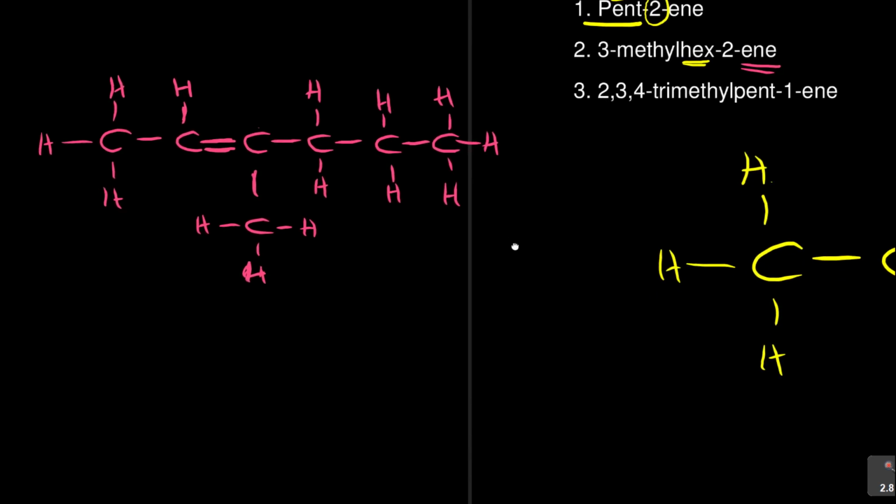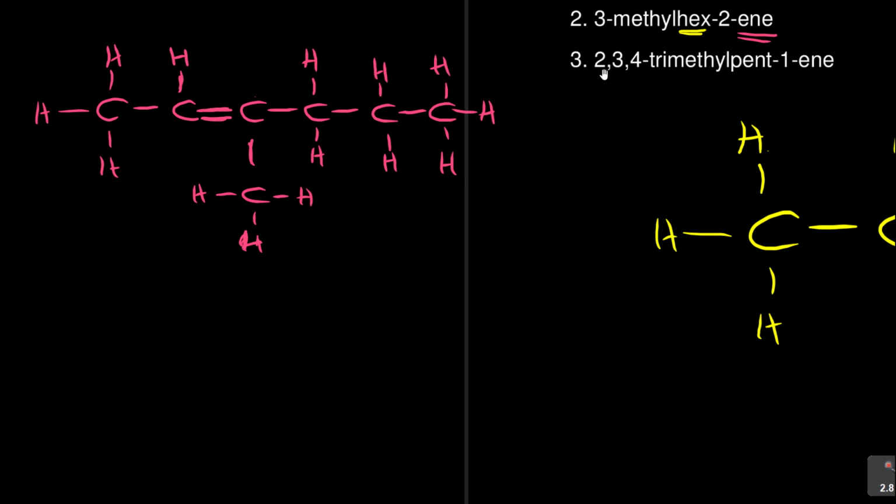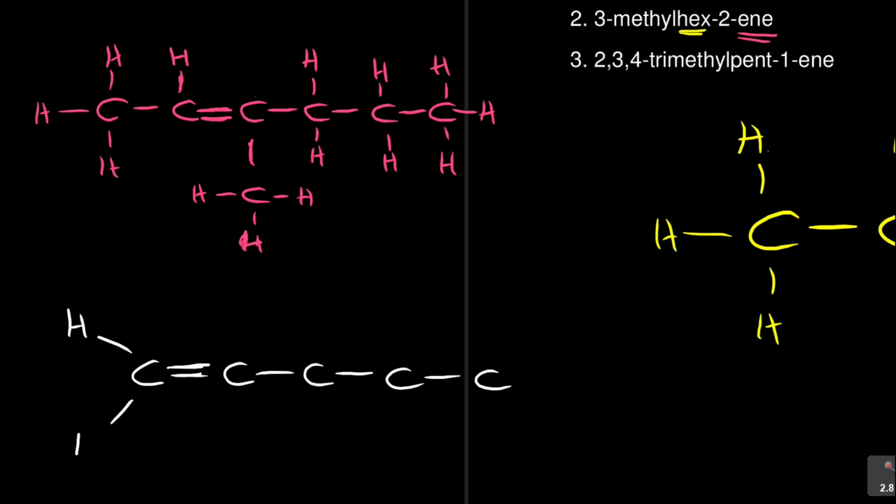And then the other one there is 2,3,4-trimethylpent-1-ene. Alright, let me do that one. Pent is what? It's 5. So it's 1, 2, 3, 4, 5. Pent-1-ene, so let's start there at carbon number 1. At that moment, the hydrogen is there.